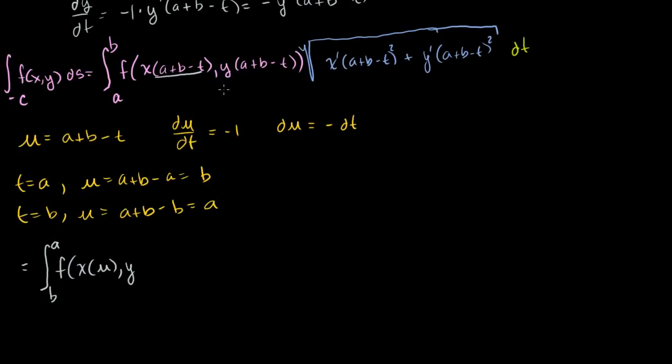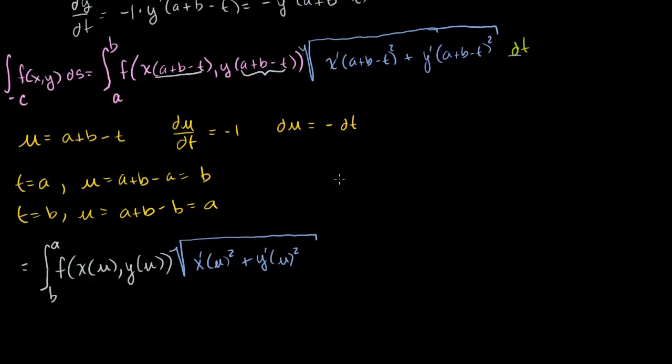And y of, this thing right here, is just u, y of u, times the square root of x prime of u squared plus y prime of u squared.